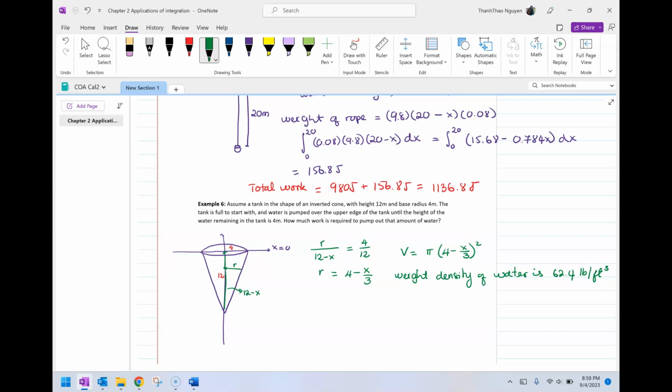So the density of water is given here. Now that we have the density of the water and the volume, the force required to pump out that layer of water is equal to the density of water times the volume.